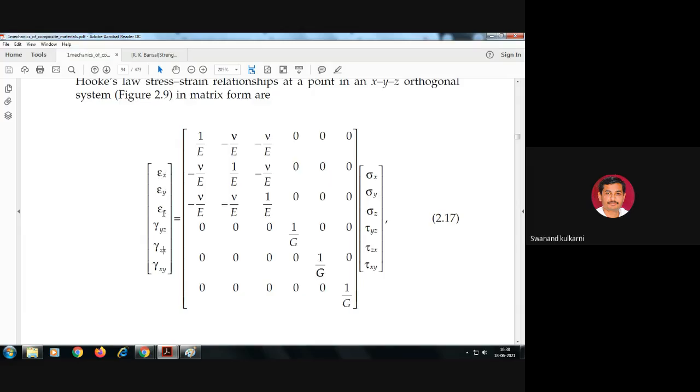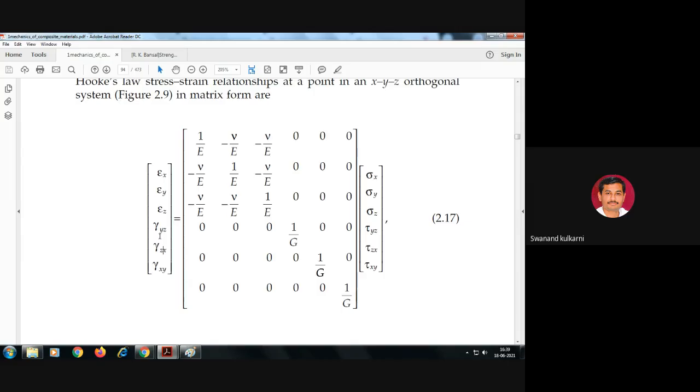Epsilon x, epsilon y and epsilon z are the three strains: the strain along the x-axis, strain along the y-axis and strain along the z-axis. And there are three shear strains, and three regular strains in the x, y and z directions. If we take all of these into consideration, we identify all these strains at a time.